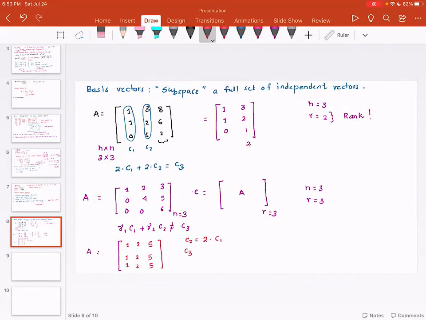The third column is 5 times C1. That means my column space is just going to be 1, 1, 1. So N is equal to 3, rank is equal to 1.